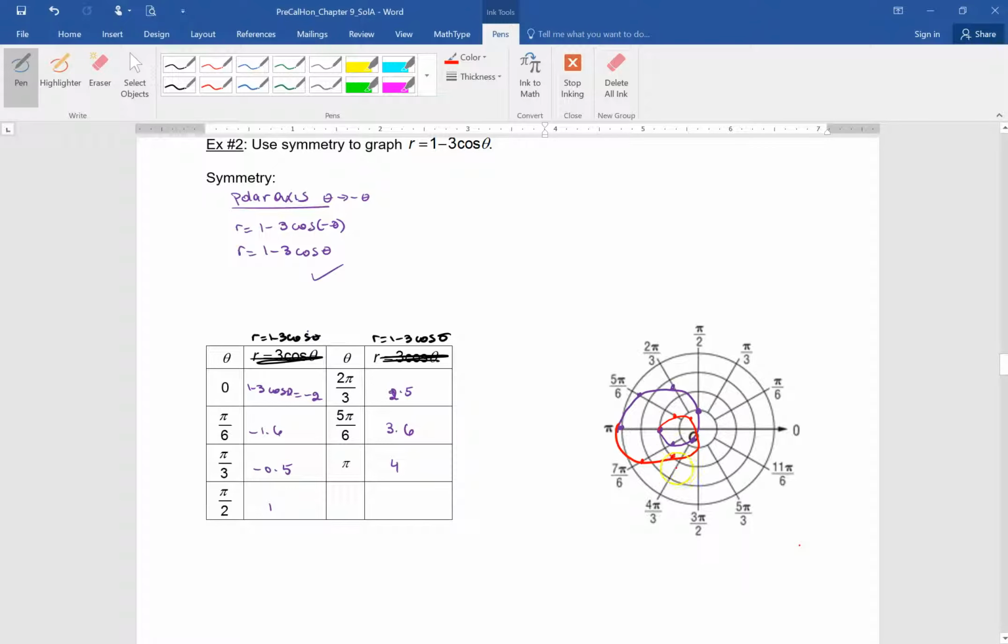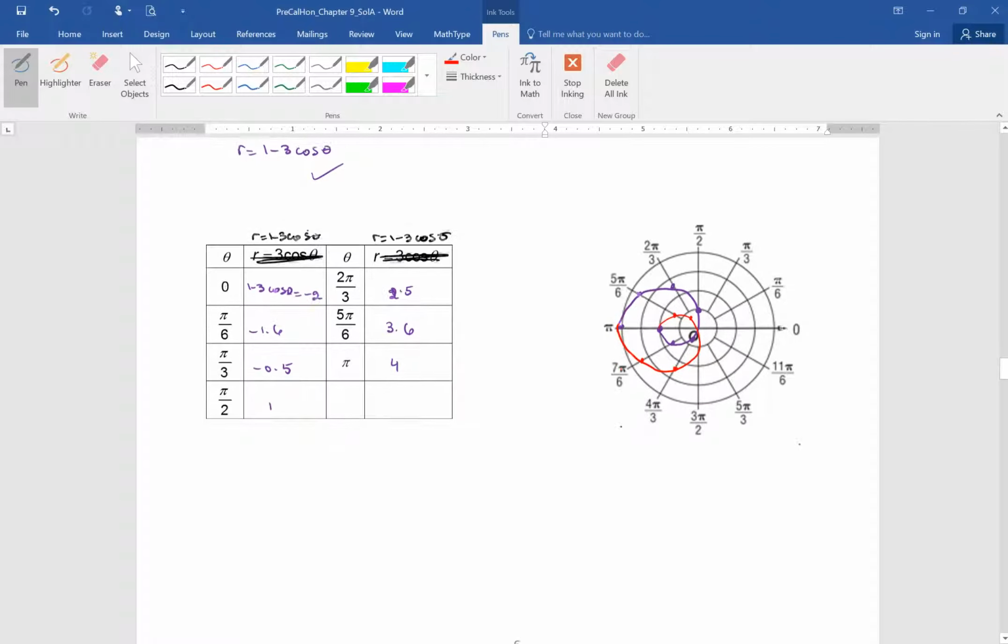Oh, it should be on the 2 pi over 3 one. 2 pi over 3 was 2.5. So here, 1, 2.5. Like that. Okay? So that's what it looks like.